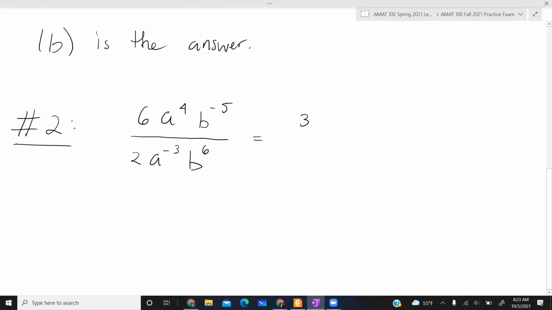So what we want to do is bring this up into the numerator. And then we do the same thing with b: we bring that into the denominator to make it positive. And then we can combine the terms. If we have a raised to some power, and a raised to another power, the rule is that you add the exponents. So you have a to the 7th, and then you have b to the 11th. That will be the answer.